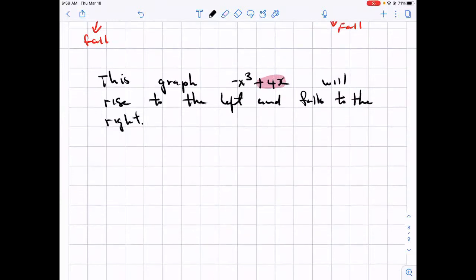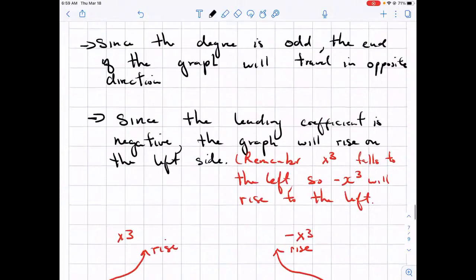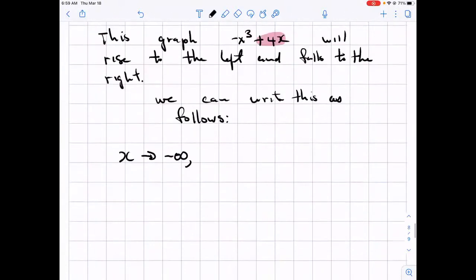Another way we can write this is as follows, and this is something that I strongly recommend. As x approaches minus infinity, did we give our function a name? f of x, because this was f of x here, f of x approaches negative infinity.